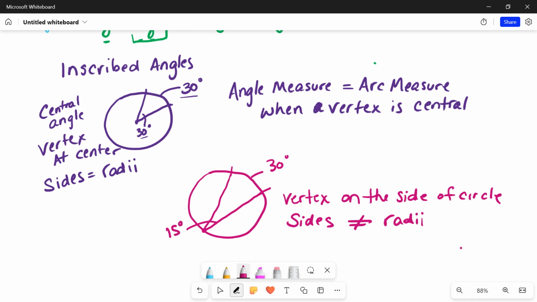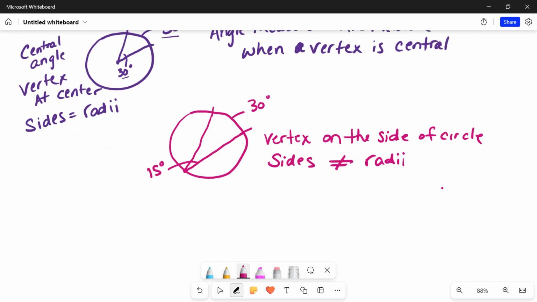So here, when I've got this inscribed angle and it's on the side, the angle of the vertex equals 1/2 the angle of the arc.